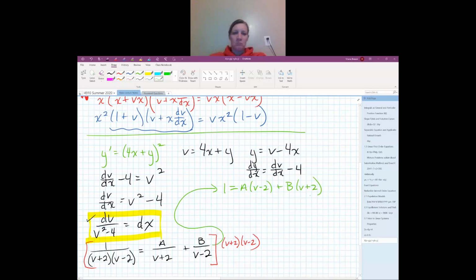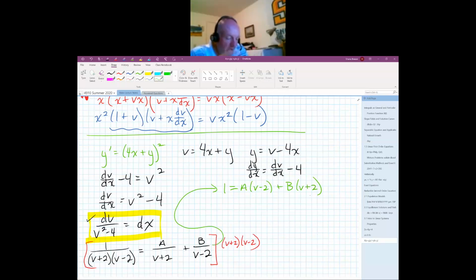And this should be an identity. This should be true for all values of v, right? And so we get to choose some values of v, and we choose them carefully. We let v equal 2 and plug that into that equation.